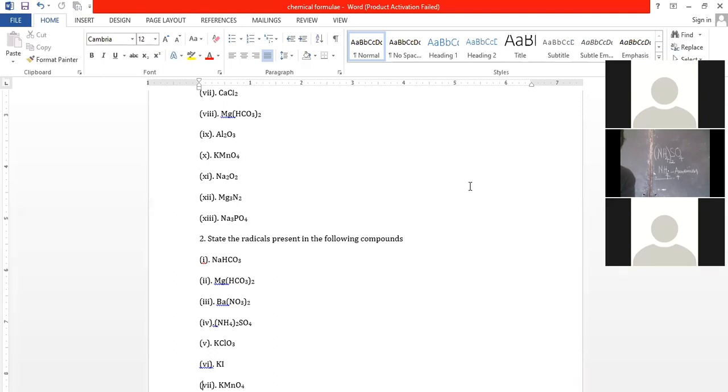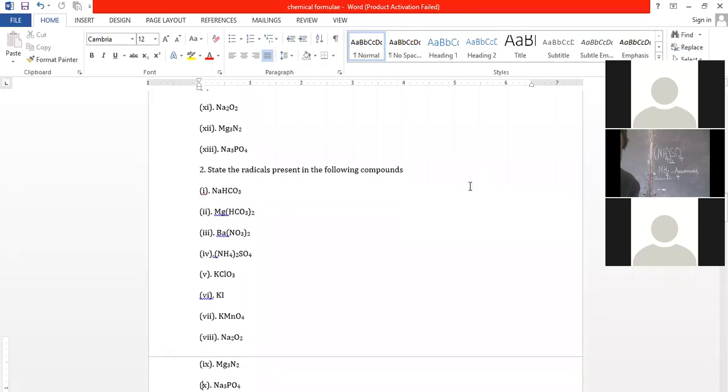So in number 4, we have two radicals. We have the ammonium radical and then the sulfate radical. I hope that's okay. Can someone give me the answer to number 4? Which radical do we have there?